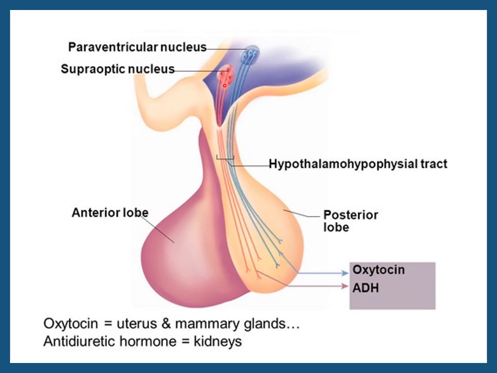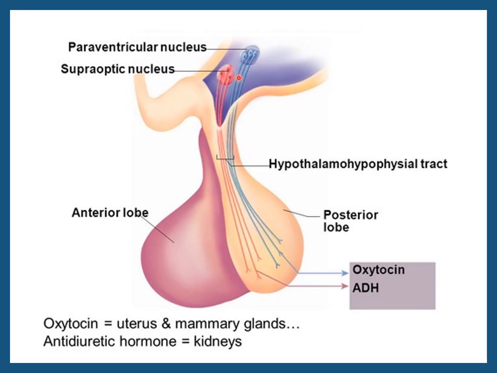The supraoptic nucleus, this is the optic chiasm that's located here, so it fits that this is called the supraoptic nucleus. This nucleus will produce antidiuretic hormone, and it will function the same way.